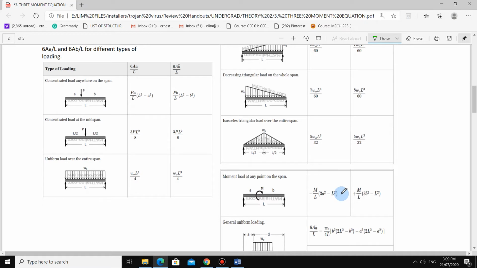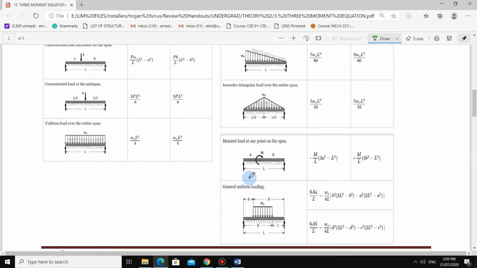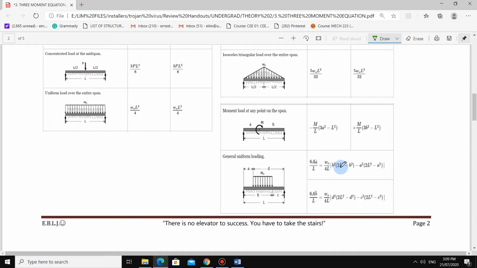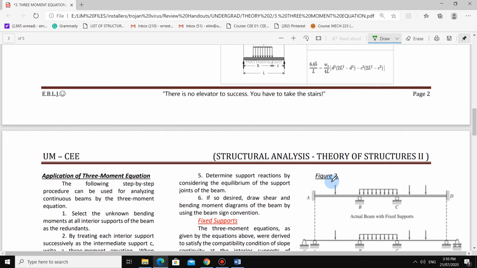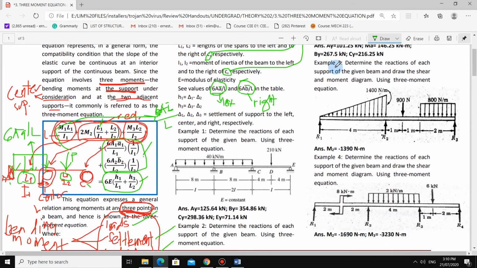So it is negative M over L times 3A squared minus L cube, then for AB bar it changes. For a general uniform load applied anywhere, such as partial segments, you will be using this for 6A A bar over L and 6A B bar over L. So those are the values for the moment due to loads.